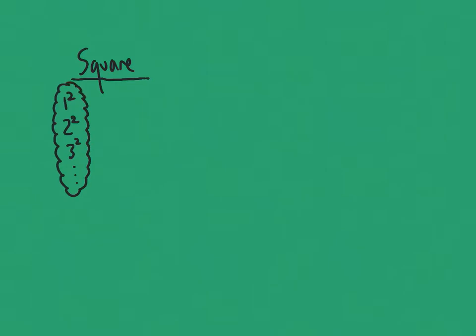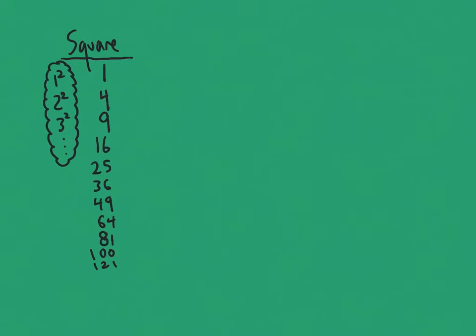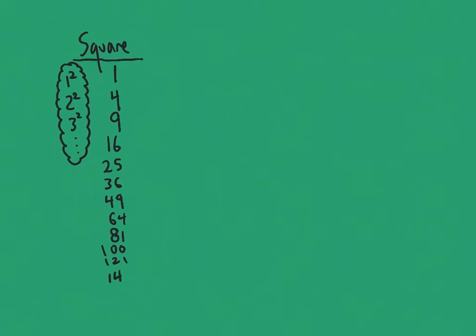So 1 squared, 1 times 1 is 1, 2 squared is 4, 3 squared is 9, 4 squared, 5 squared, 6 squared, 7 squared, 8 squared. And really, probably that would be a long enough list, maybe 144, 12 squared. And you might make a list like that, just a reference.